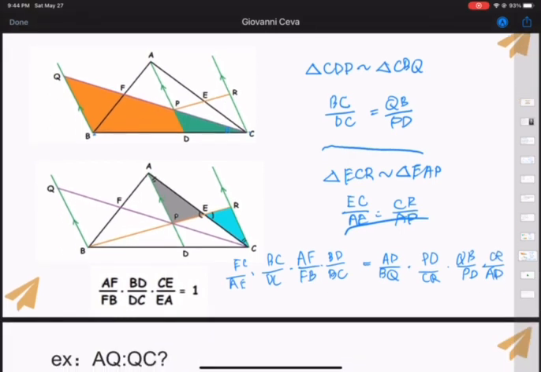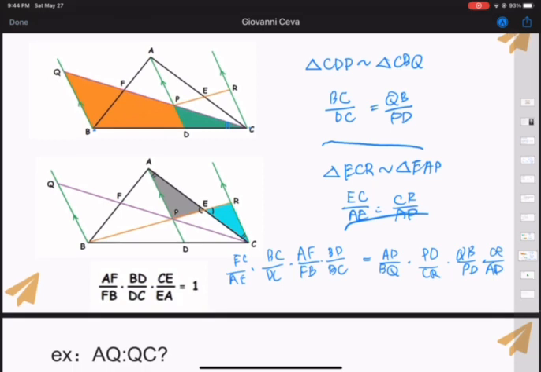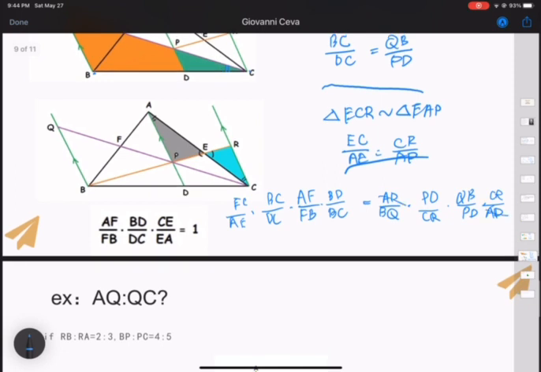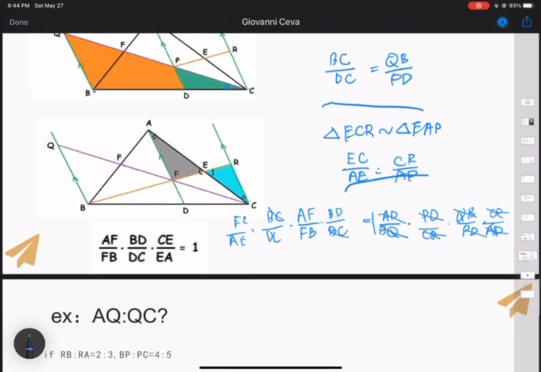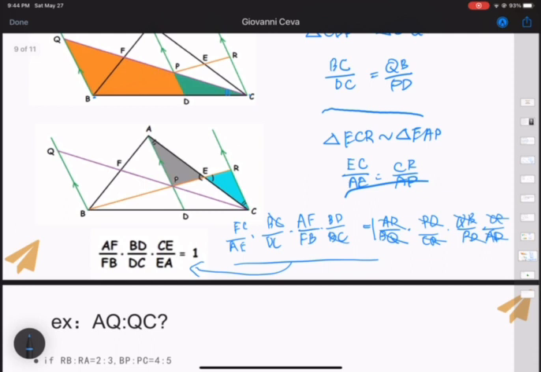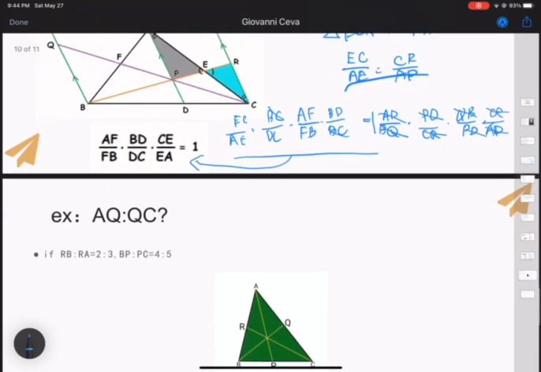Then we can cancel some of them: AP, PD, and BQ and QB. So it goes to 1 on the right hand side. We can also cancel BC here, and then we get the expression AF divided by FB times BD divided by DC times CE divided by EA equals 1.